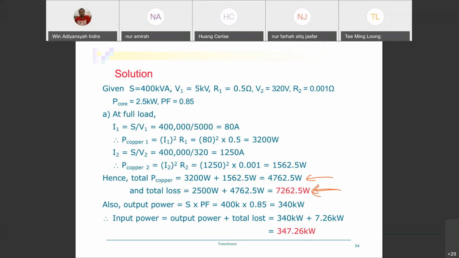Power factor is 0.85. S is 4000 k. That one is output power. What about input power? Of course, input power equals output plus total loss. Right. So you have this one, input power. This is output power.